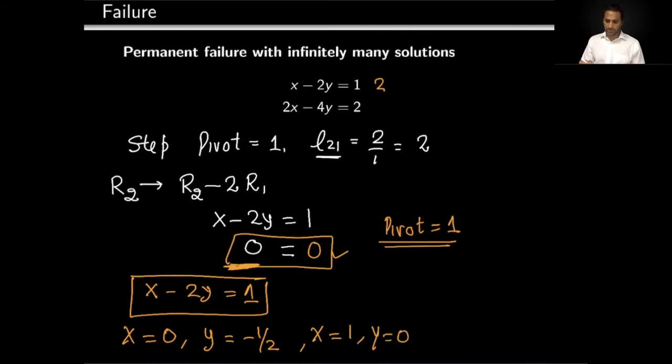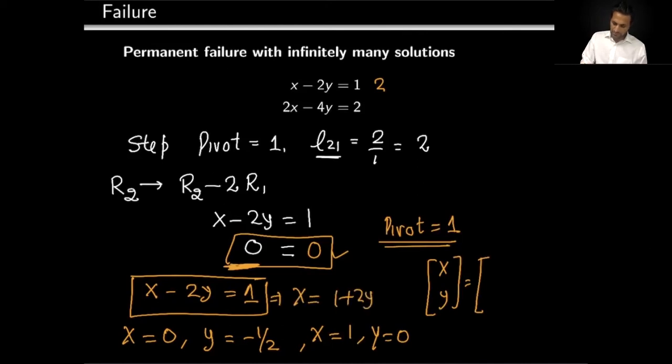This is the way to write all the solutions. You write x and y here, and you solve this equation for x. x is equal to 1 plus 2y. Therefore, I plug in x equal to 1 plus 2y, and y is y.